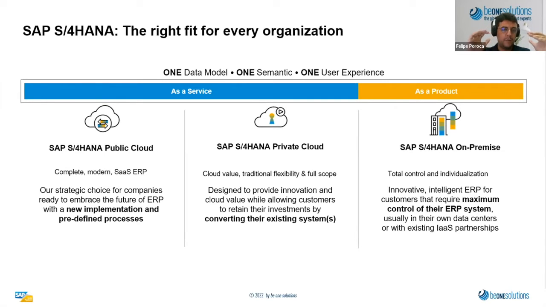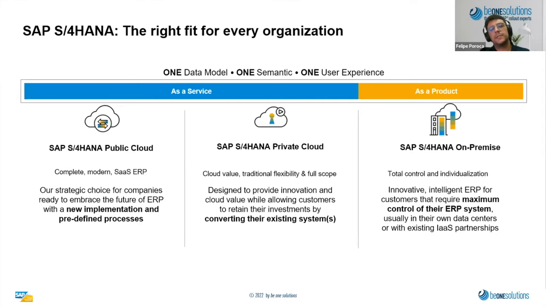At a high level overview, these are the 3 versions we have available in the market for S/4HANA, right? So we can talk about public cloud, private cloud, and on-premise. The next few slides will detail a bit the main differences between these 3 versions.